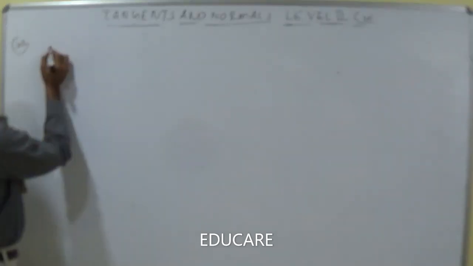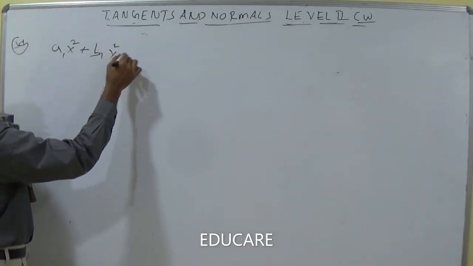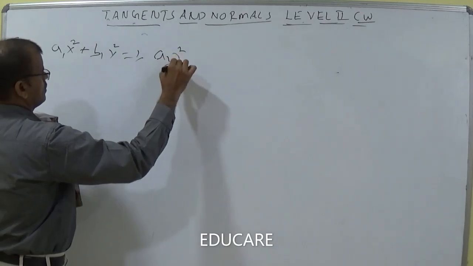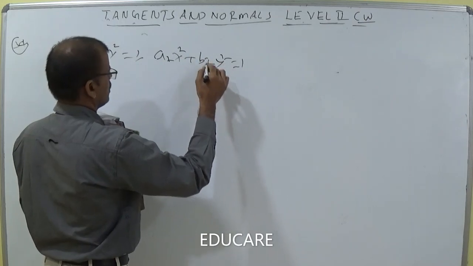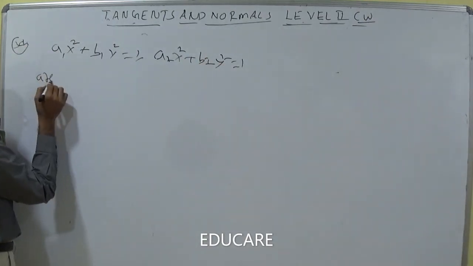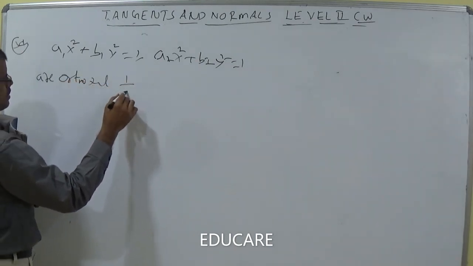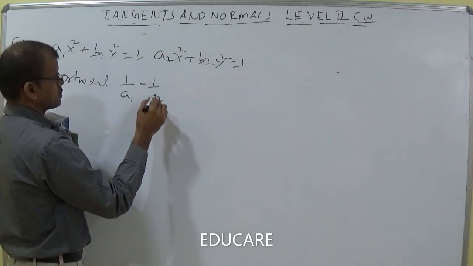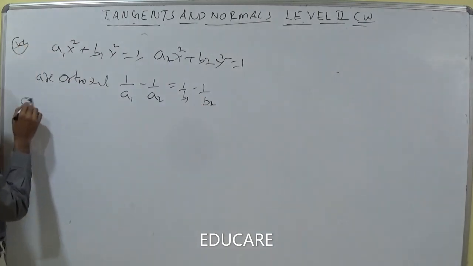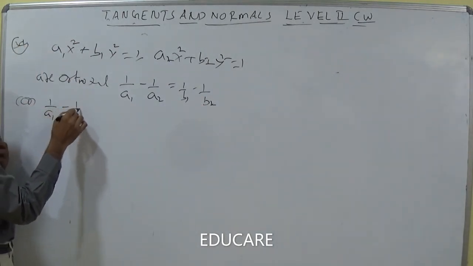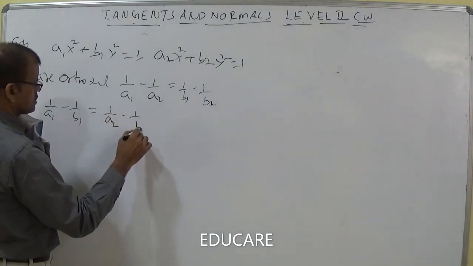Let us write, yesterday we discussed the formula: a1 x square plus b1 y square equal to 1, and a2 x square plus b2 y square equal to 1 are orthogonal. If the two curves are orthogonal, then the condition is 1 by a1 minus 1 by a2 equal to 1 by b1 minus 1 by b2, or 1 by a1 minus 1 by b1 is equal to 1 by a2 minus 1 by b2.